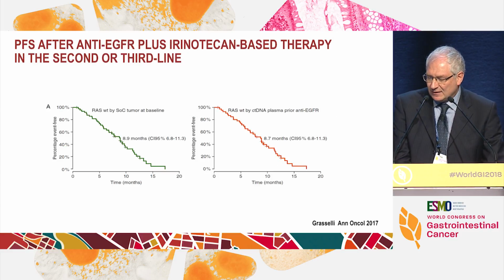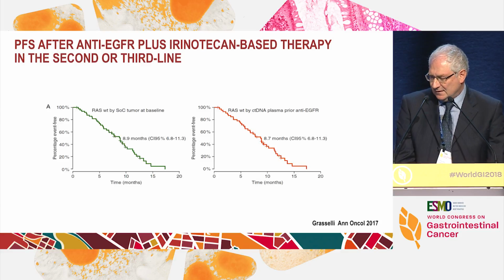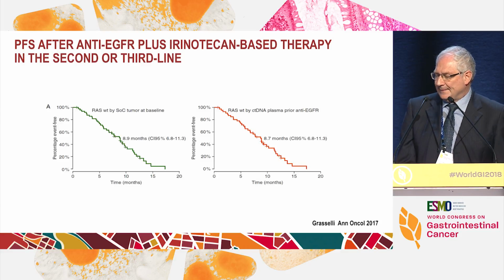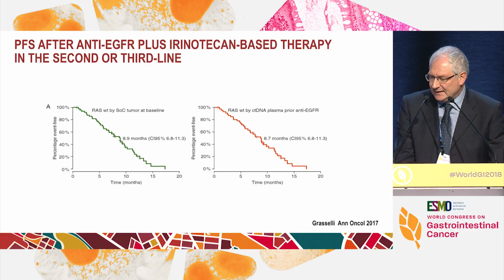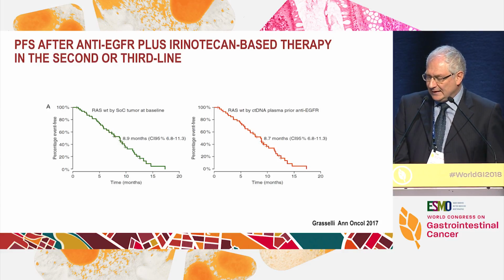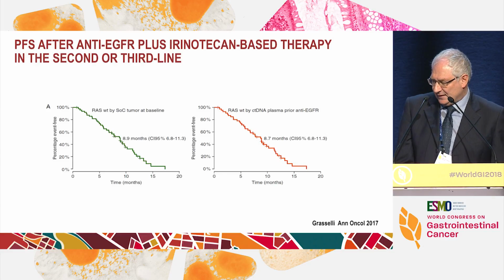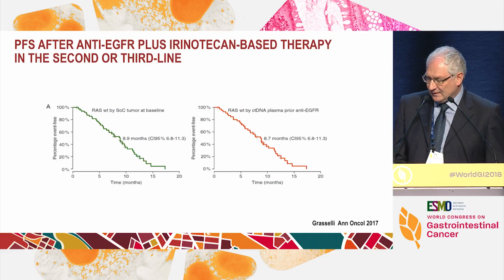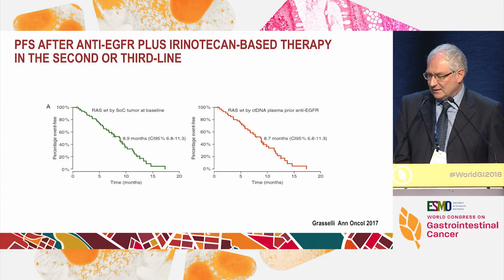And actually, if you just see in these retrospective cohorts that are in the Grasselli paper of treatment with anti-EGFR monoclonal antibodies plus irinotecan in a second or third line setting, these patients can be equally evaluated in terms of disease-free survival, either if we use standard of care tumor assessment or ctDNA evaluation of RAS mutation prior to anti-EGFR therapy. And so there is at least a very relevant concordance.